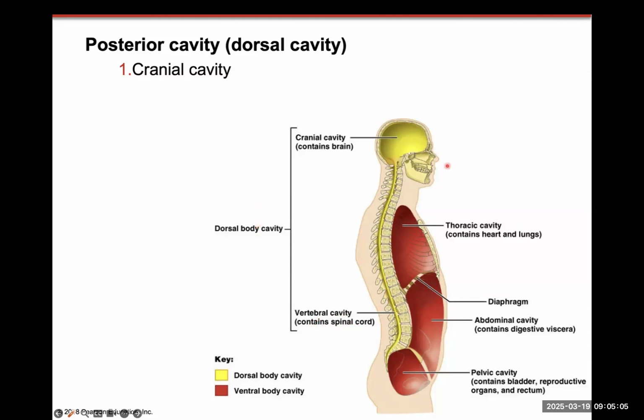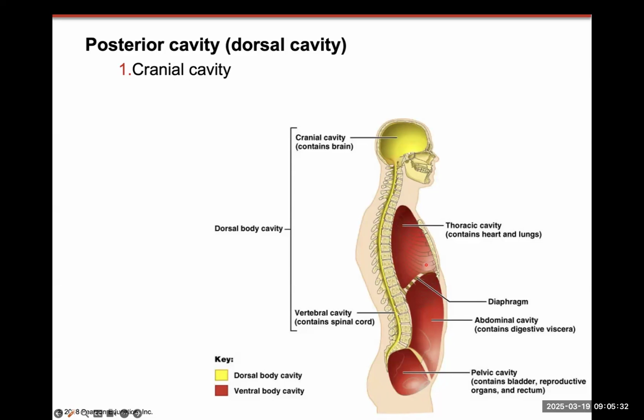Heading over to the front now, anterior cavity is going to be broken down into subcategories. The first one is here called thoracic. So thoracic, that contains the heart and lungs. And in this case it refers to the rib cage. So the thoracic relates to the rib cage. So I'm not calling it the chest, I'm calling it thoracic, the thing that's associated with the ribs or the rib cage.